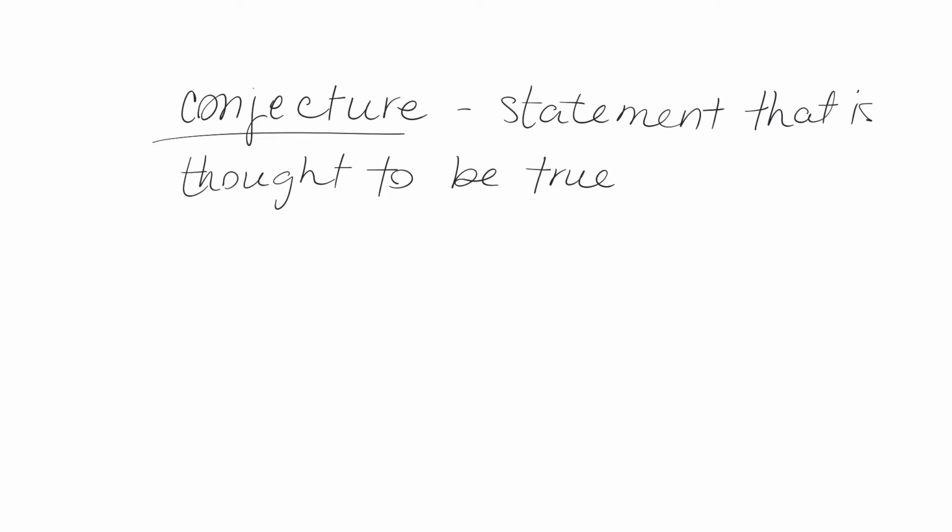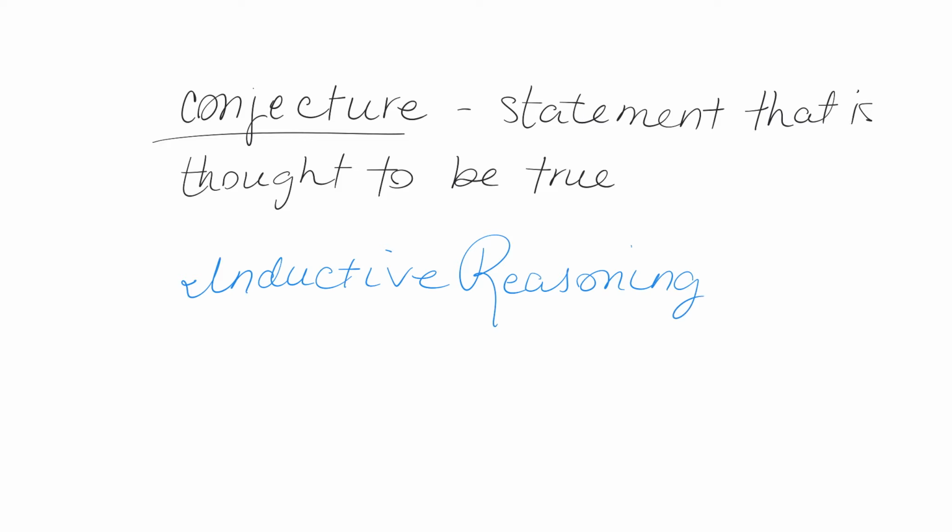That's conjecture. Now, conjecture goes hand in hand with what we call inductive reasoning. Inductive reasoning is when you decide something must have happened because you saw things. Like you saw someone walking out of the police station, so therefore they got busted and are in trouble.